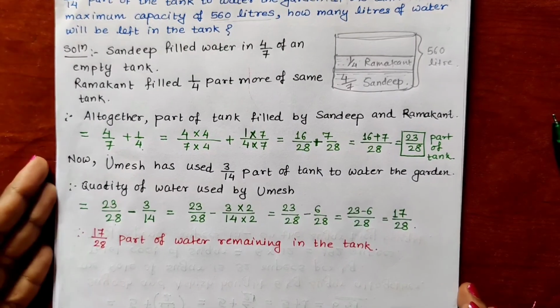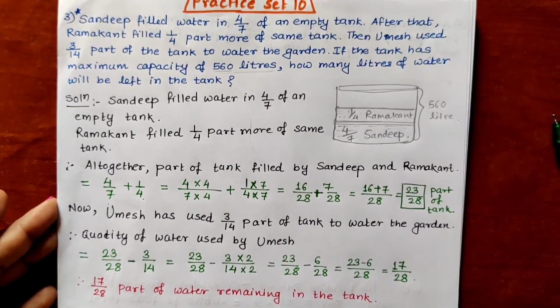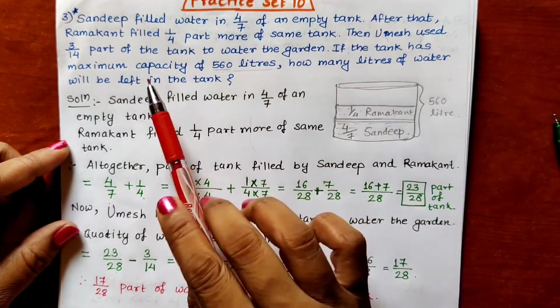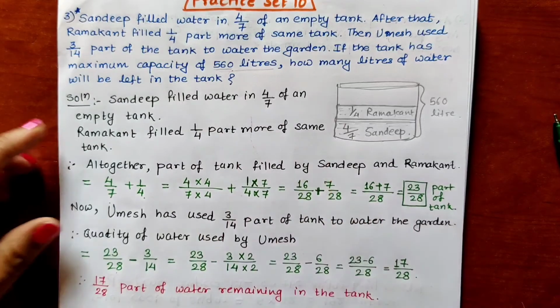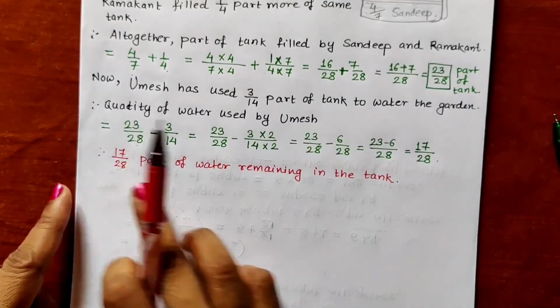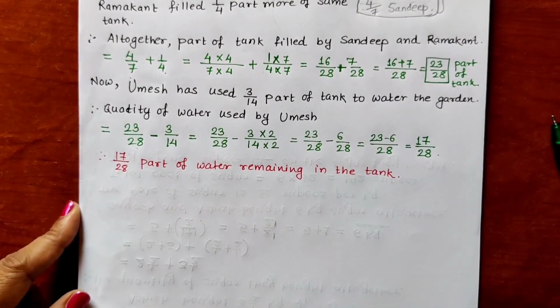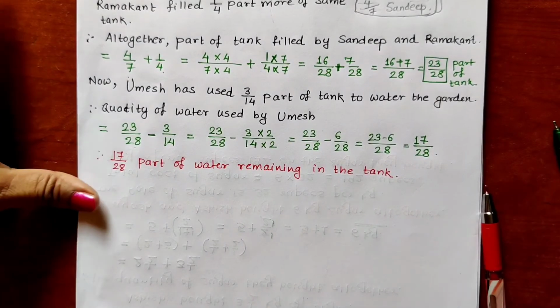We got to know how much part of water is remaining in the tank. What we will have to find out? We will have to find out if the capacity of the tank is 560 liters, how many liters of water is left in the tank? This much part of water is left in the tank, but how many liters? How to find out? Let us see.